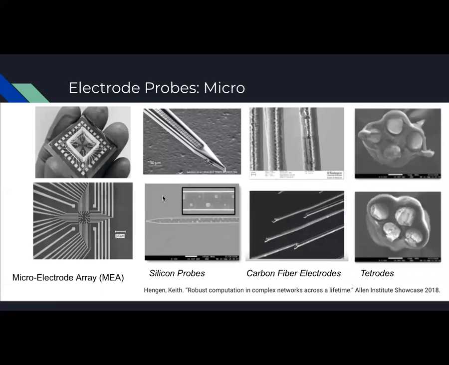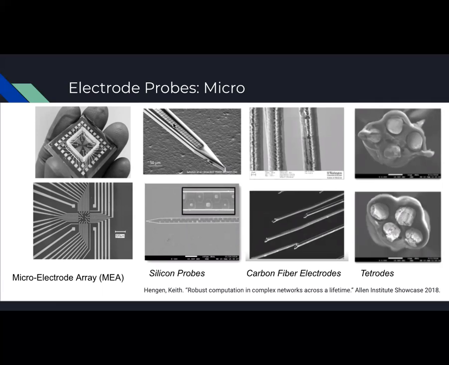So there are all kinds of electrode probes. These are microelectrode arrays. They're flat and they're quite small. They can be 2D flat, or they can stick out a little bit from the surface, like this Utah array, for example. And then we have silicon probes, which can be on these needle-like structures that we call shanks.